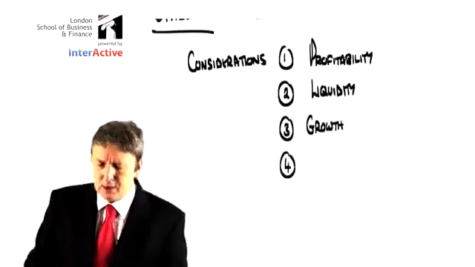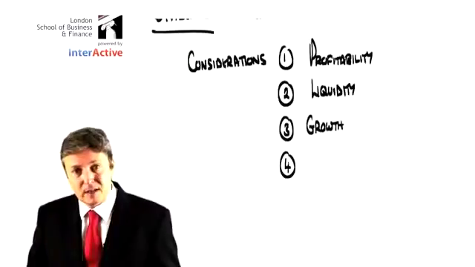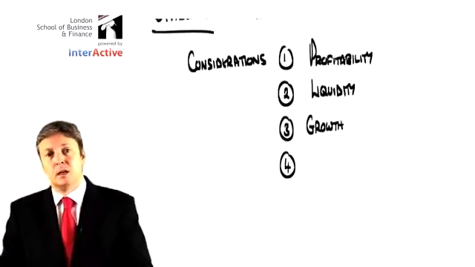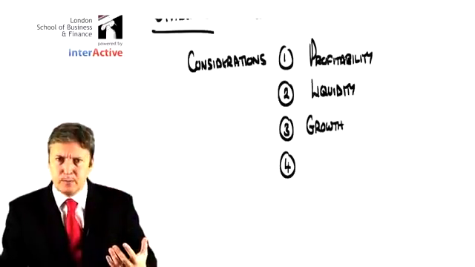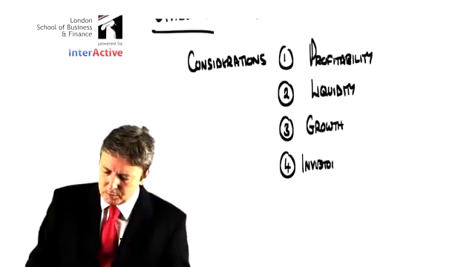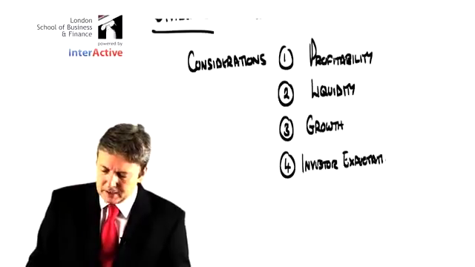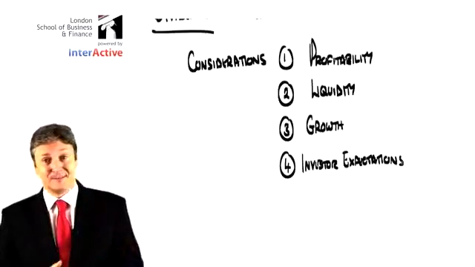The last major consideration is, unfortunately, that our investors have an expectation for a dividend. Particularly if we are a PLC, a listed company, our investor expectations will be very important indeed. If we look at investor expectations, what we're simply saying is this.